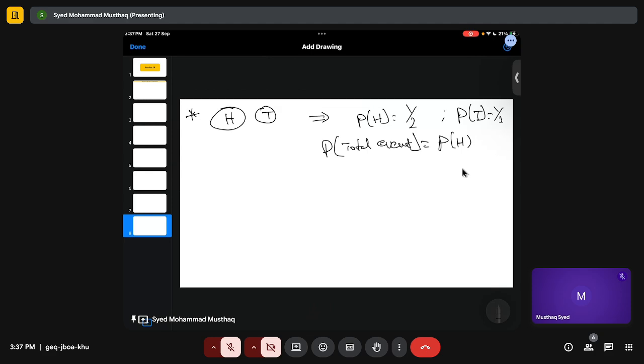P of h plus P of t, half plus half equals 1. So normalization is nothing but you add every event that happens and your final value should be 1, because probability cannot be greater than 1. It doesn't make any sense. When you add all the events' probabilities, it should equal 1.